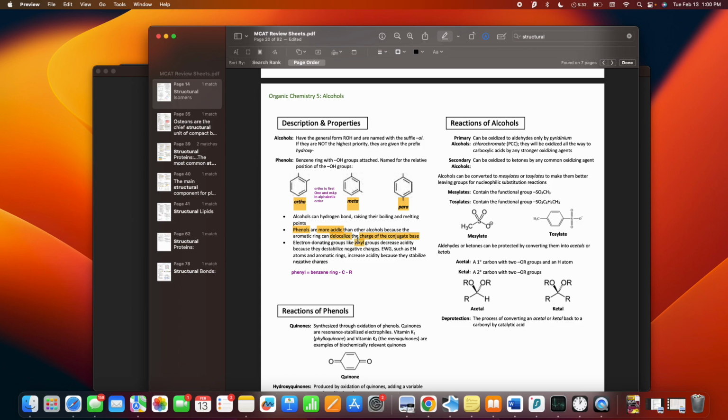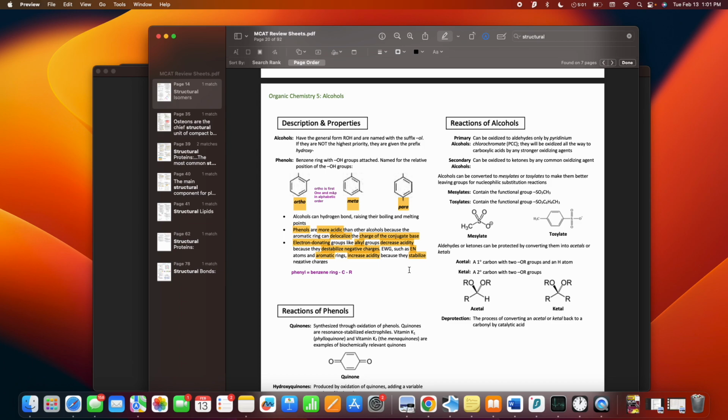So alkyl, electron donating, decrease acidity because they destabilize negative charges. And aromatic rings, electronegative atoms, like oxygen, stuff like that, increase acidity because they stabilize negative charges.